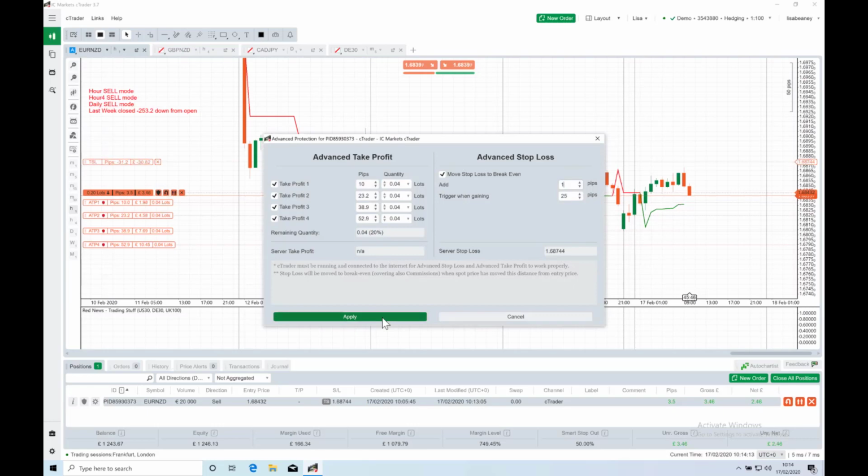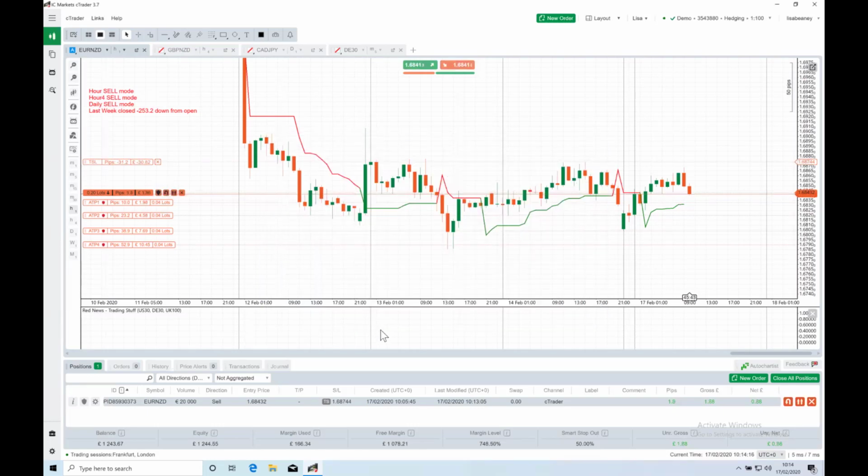As soon as it's up 25, it will move to break even plus a pip. And again, if you were to close this trade at any point, it would obviously take off all of those advanced take profit levels. And it will remember the levels that you set for your next trade.